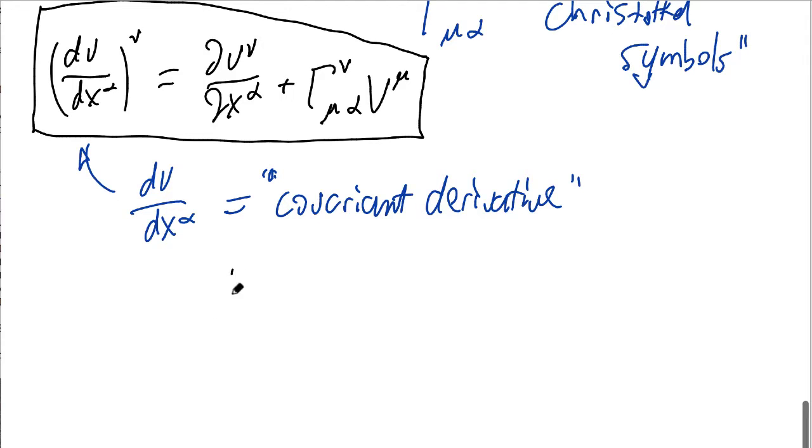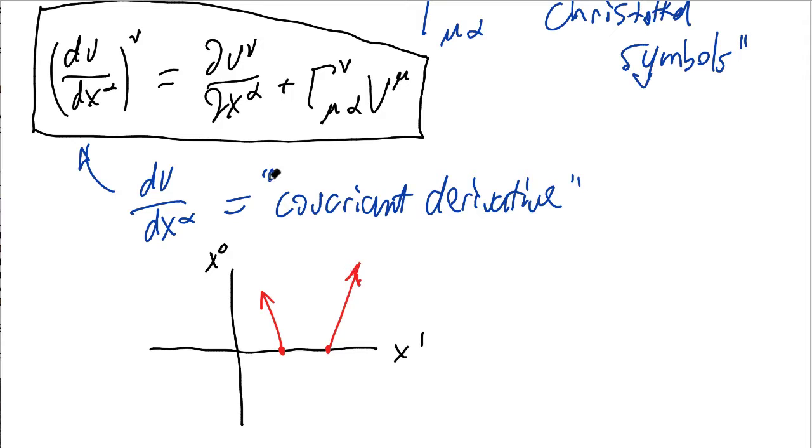So here are coordinate lines, say coordinates x1, x0. We have a vector field, so there's a vector at each point, and in particular, here's the vector at this point. If we want to differentiate this vector field at this point P, what we need to do is parallel transport the vector from a point Q, which in this case is displaced along the x1 coordinate line.